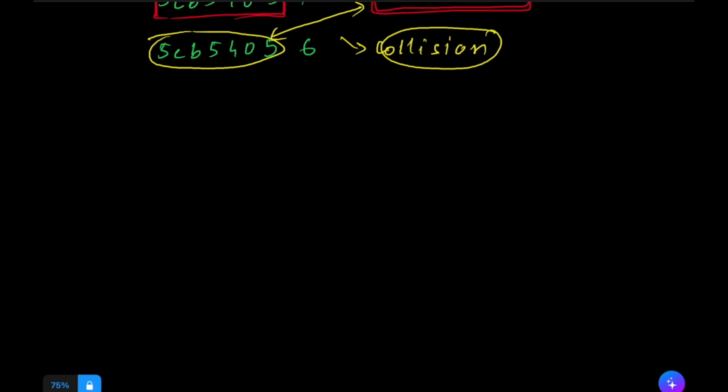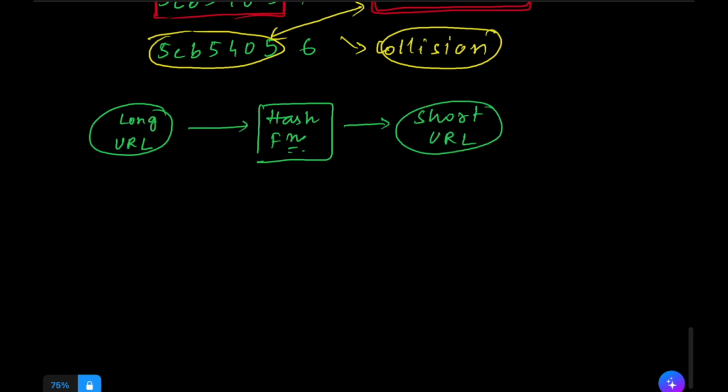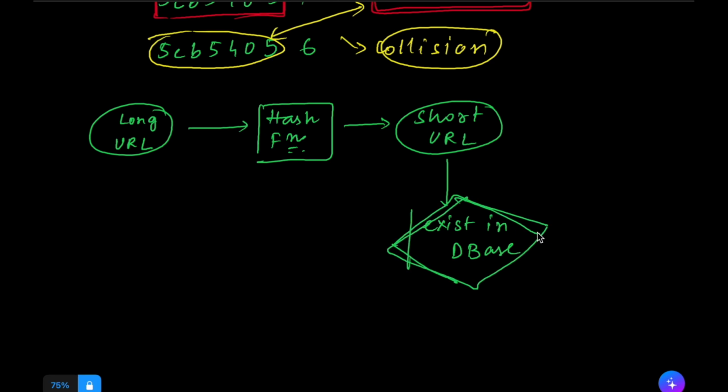So let's look at it as a flowchart. Suppose I have a long URL, I pass it through a hash function, and it gives me a short URL or a hash value. Now I check whether this short URL already exists in the database for a corresponding long URL.